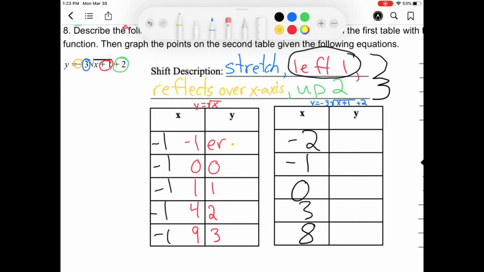You're going to multiply each by negative 3. The negative is coming from the reflection over the x-axis, and the 3 is coming from the stretch. We are also having to affect the y's by moving up, so you're also going to add 2 after you reflect it over the x-axis and stretch it.